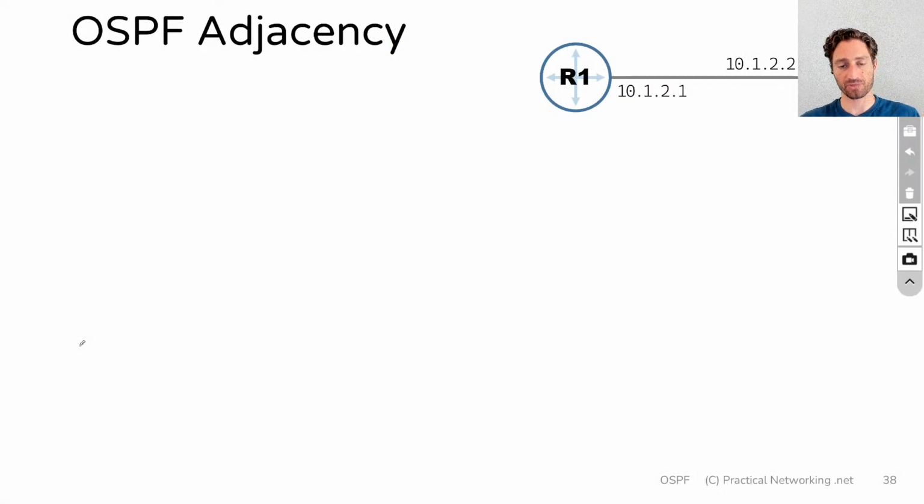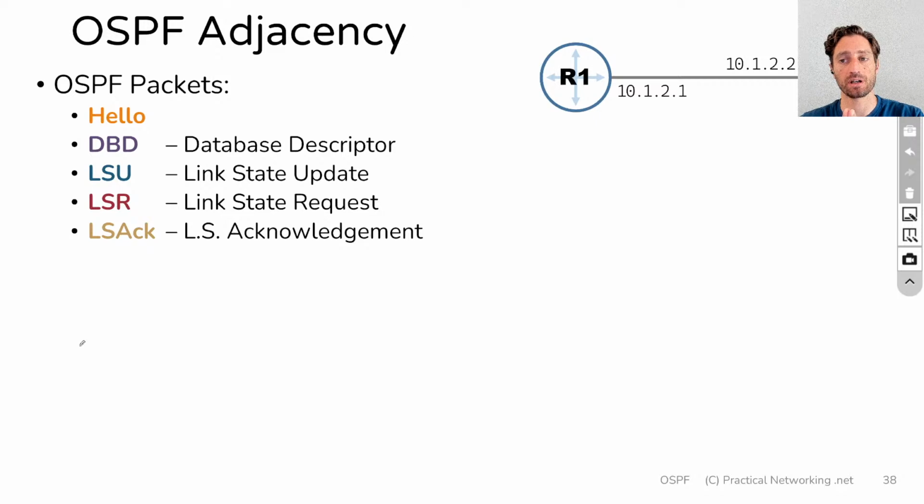All right. In the last lesson, we talked through the OSPF packets, all the information that exists inside the OSPF hello packets. And in the lesson prior to that, we talked through a basic definition of the purpose of the rest of the packets in OSPF: the DBDs, the LSUs, the LSRs, and the LSAcks.